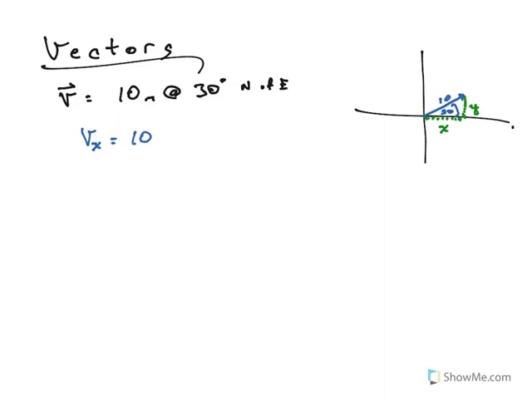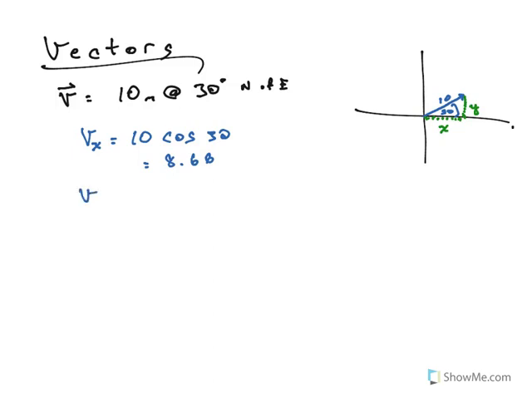In this case, I want to use cosine because the side I'm looking for is the x side, and that side, relative to the angle, is adjacent. If you look at the little right triangle on the right, the angle sitting there, the x side is the adjacent side, the y side is the opposite side. So I'm going to use cosine because cosine goes with adjacent. So it's 10 cosine of 30. Okay. So I get 8.66.